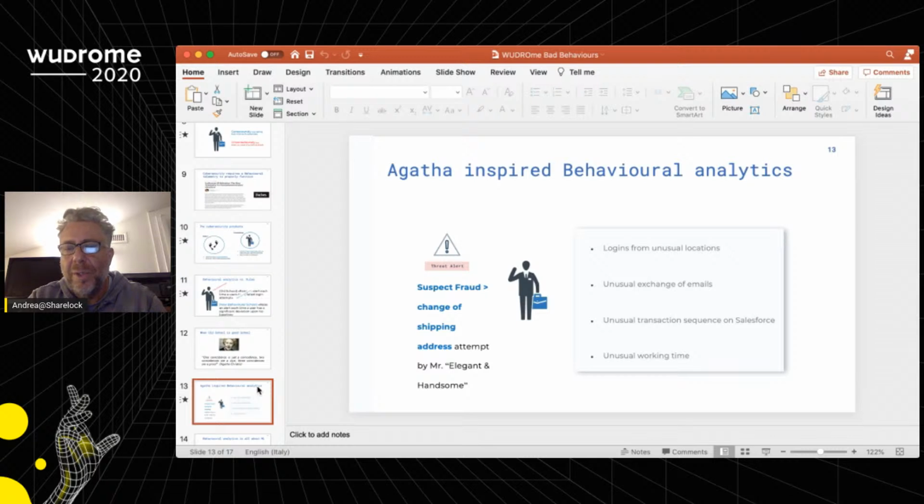If you have a user with a number of anomalies, and the anomaly typically has something unusual inside it, such as logins from unusual locations, an unusual exchange of emails, more emails than ever, an unusual sequence when you access an application, the example here is Salesforce, or unusual working time, even during the pandemic period, then probably the combination of all these anomalies is making the company suspect that you are trying to commit a fraud.